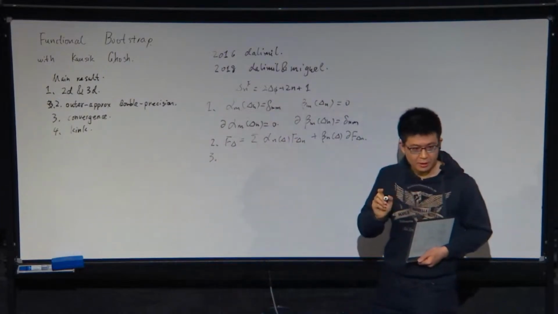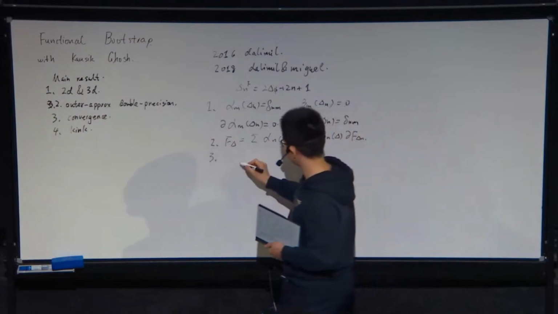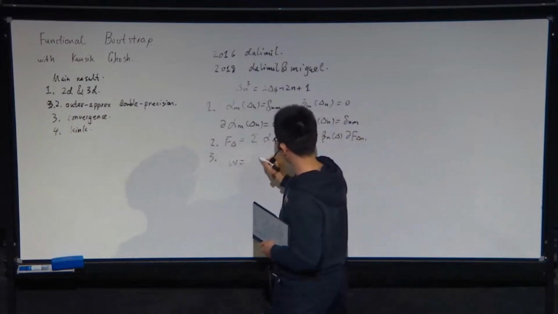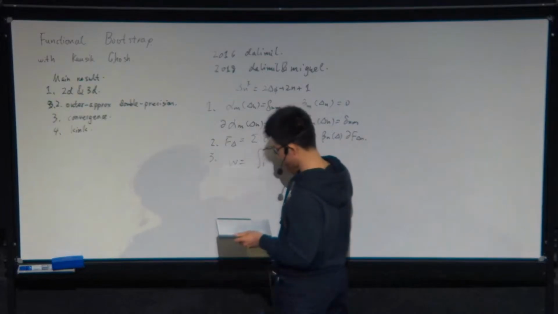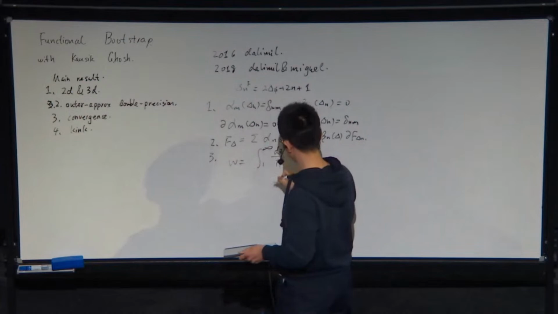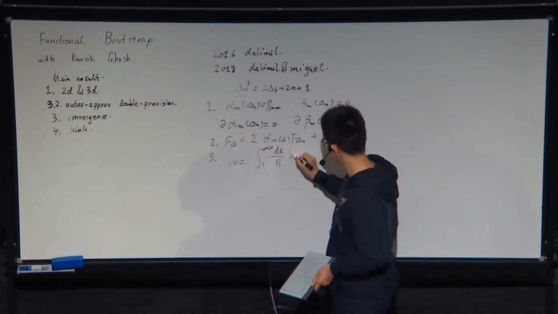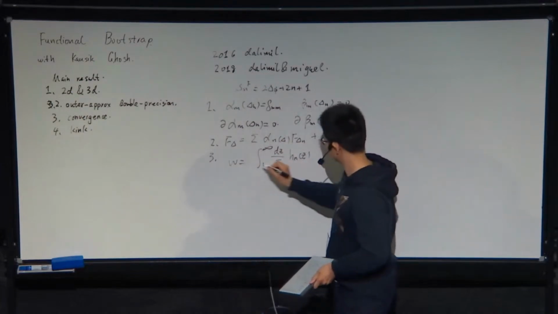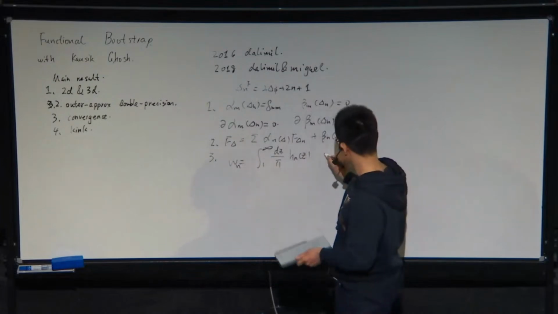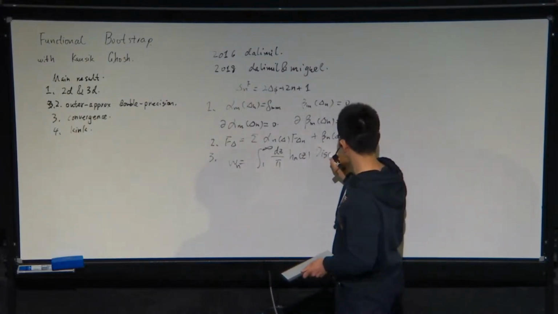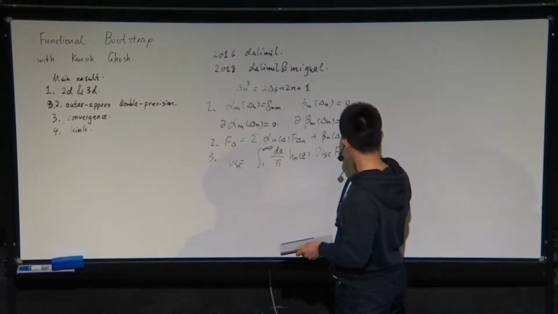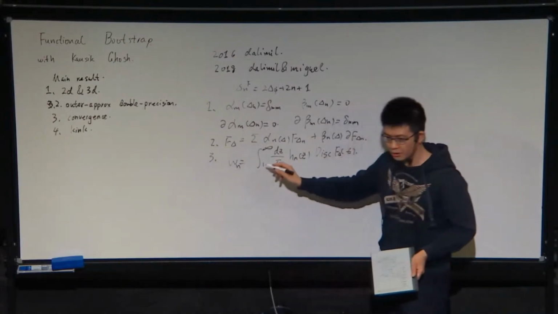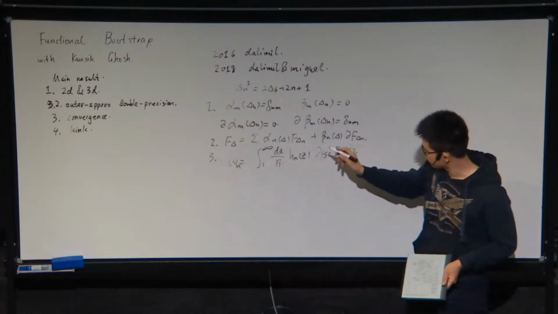For the explicit construction of the functional, I would write it as a double integral. This is the explicit implementation of the functionals.